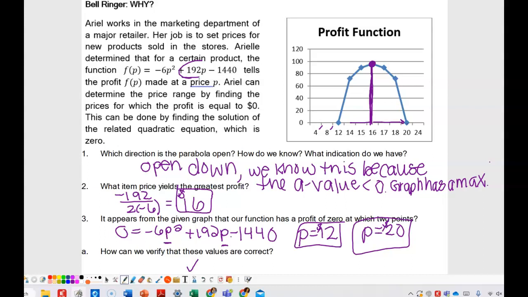So that is one application of quadratics. If you take physics next year, or you're in physics this year, we use quadratics a lot to talk about velocity, throwing an object up and having that object come back down.